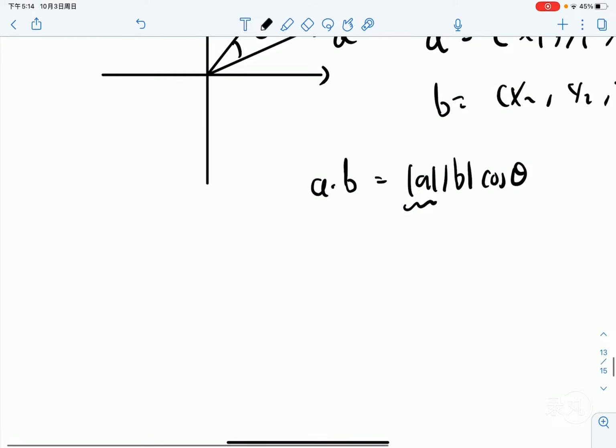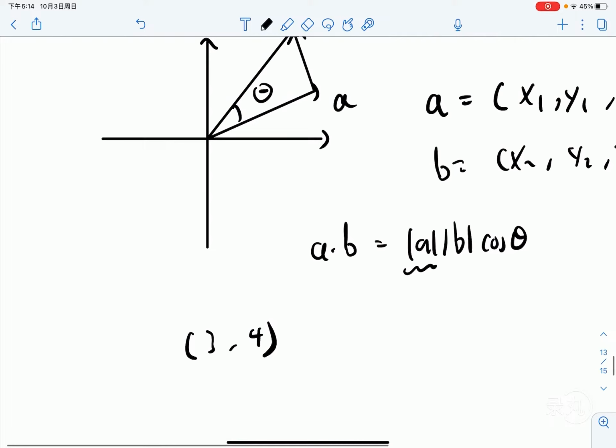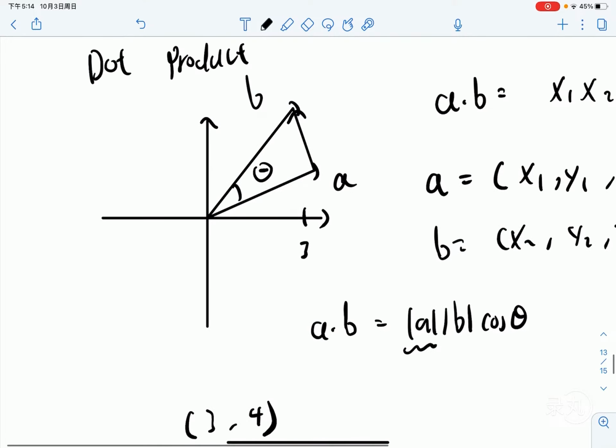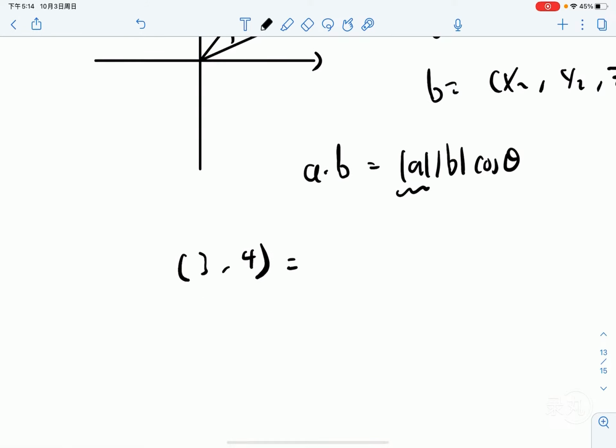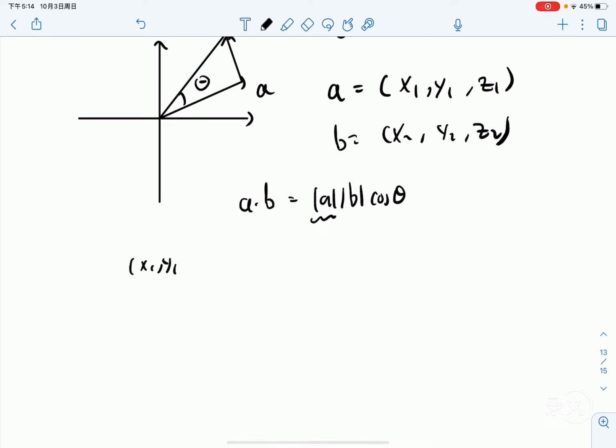So for example, if we take the vector 3, 4, which means x is 3 and y is 4, we have the magnitude, using the Pythagorean theorem, as the square root of 3 squared plus 4 squared, which is equal to 5. So basically finding the magnitude of x1, y1, z1 is the square root of x1 squared plus y1 squared plus z1 squared.